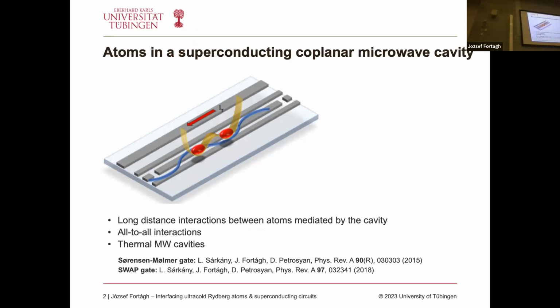So the system is interesting because a microwave cavity is in principle able to mediate long-distance interactions between atoms that are at different antinodes of the microwave. Different to systems where Rydberg atoms are next to each other, the cavity is mediating not only next neighboring interactions, but all interactions.